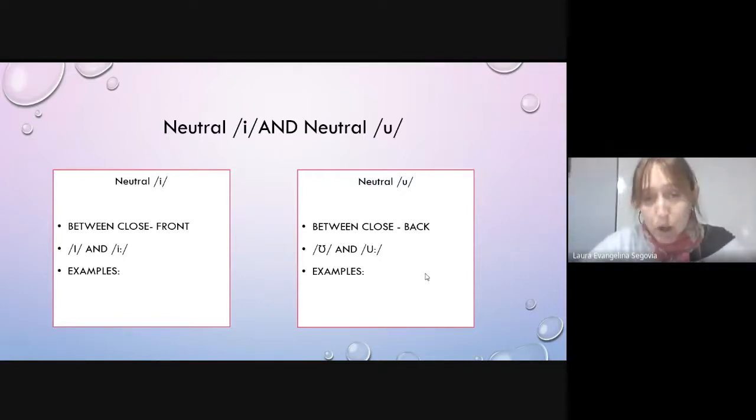So when you have a long word, more than 2 syllables, you have to know that there is one that is weak and the rest are strong. But the level of strength is different. So the neutrality is like some kind of joker when you have an E and a U. So again, close front vowel, something between E, something between U and U. So let's go with examples so you can see.